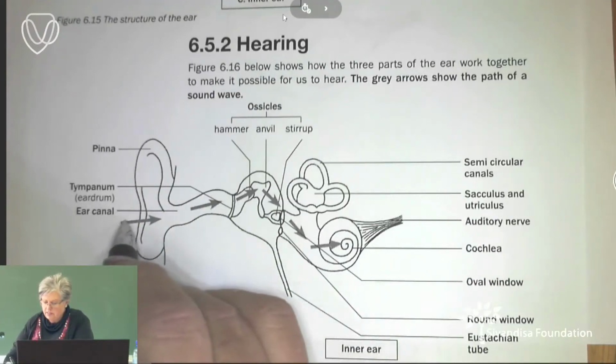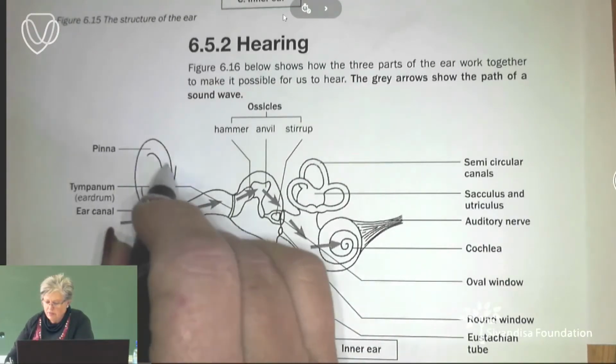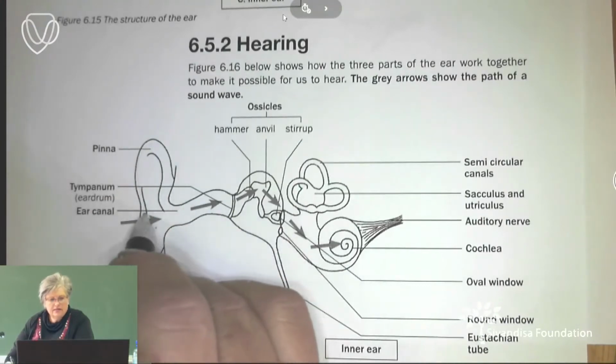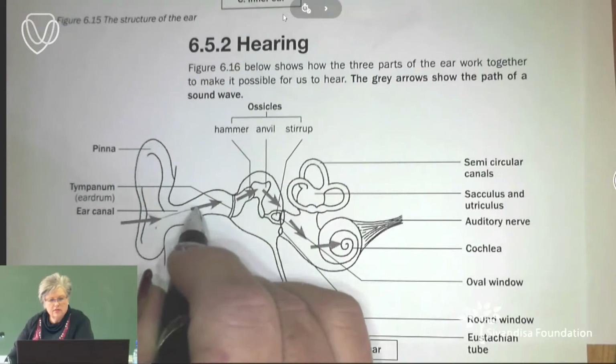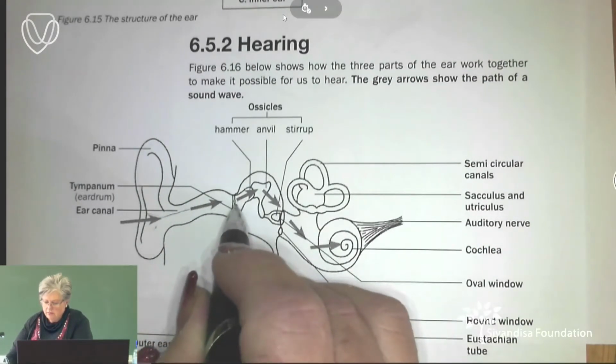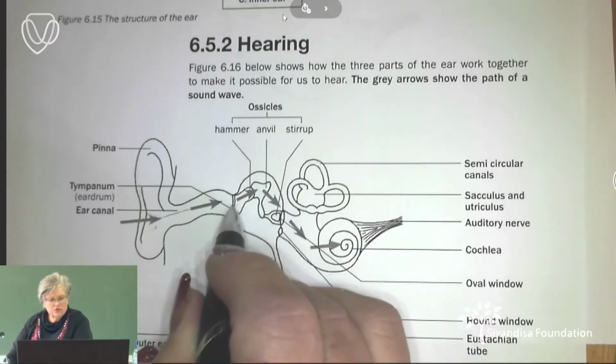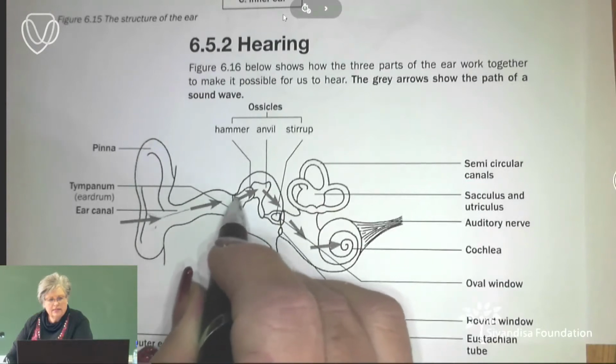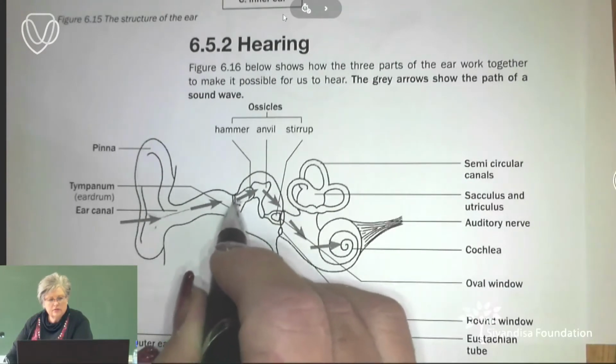Then you need to say it starts at the pinna, which catches it, then it is transmitted inside the ear channel. From the ear channel, it comes to the tympanum. At the tympanum, it creates vibrations.